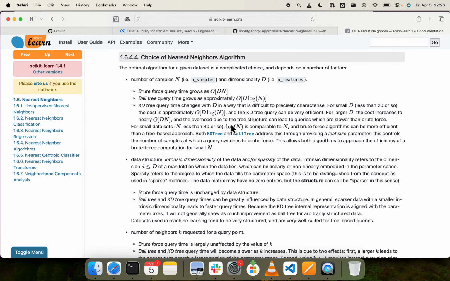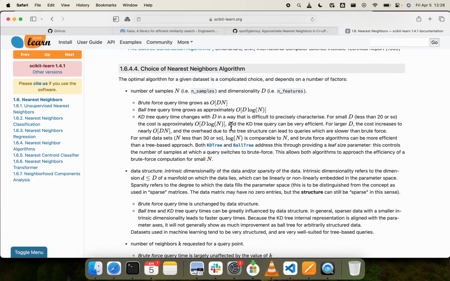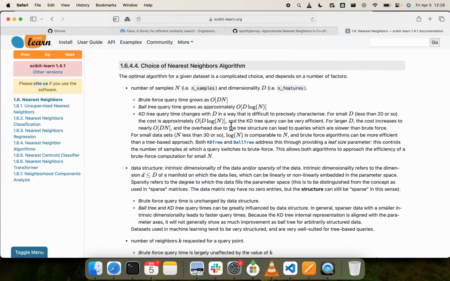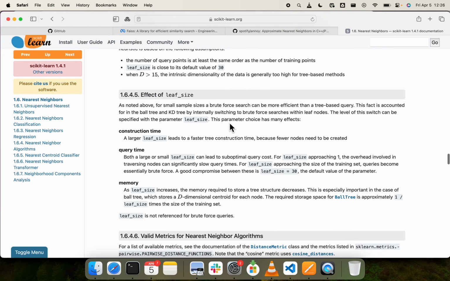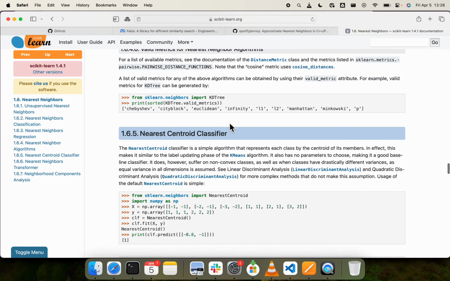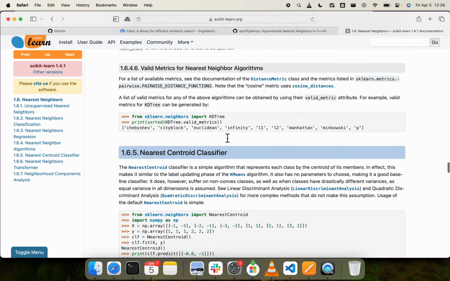They mention that for low dimensional data, KD tree is a good algorithm. For high dimensional data, you should prefer random projection, etc. It's a good, interesting read. And then the effect of the leaf size, which we said let it equal 40. How did they come up with those? So they have given some such justifications.